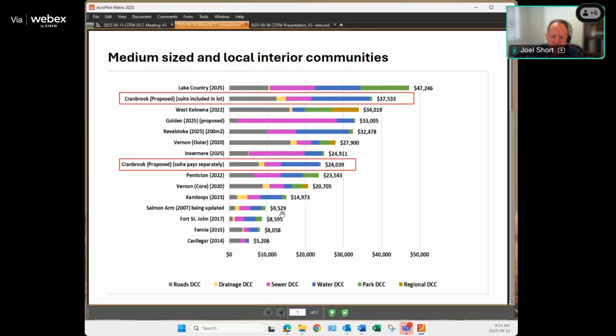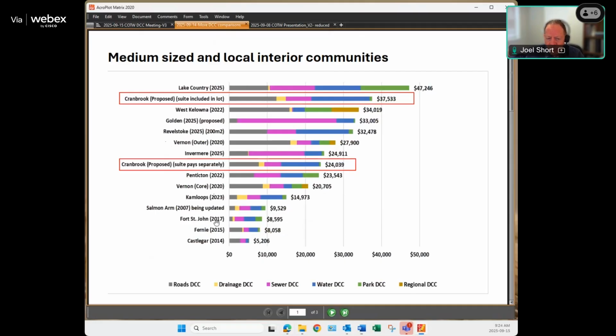Salmon Arm, 2007. I wouldn't be surprised, they're updating theirs right now. I wouldn't be surprised if that number triples and gets more in the West Kelowna, Golden, Revelstoke range, because they're doing an update right now as we speak.